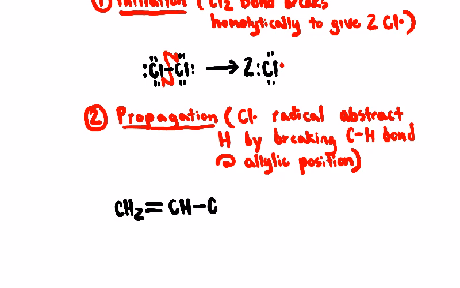So the allylic position is right here, so I'm going to show one of my hydrogen bonds there explicitly so that we can see how it's breaking in this mechanism. Go ahead and finish off the molecule here. And then we're going to put in our chlorine radical that we generated via the first step of the mechanism.